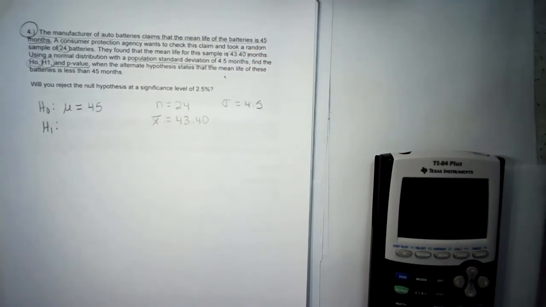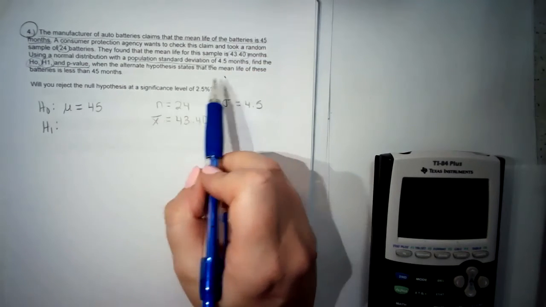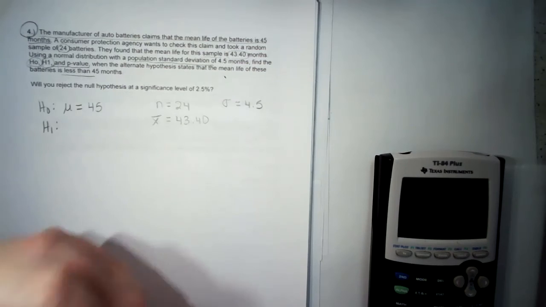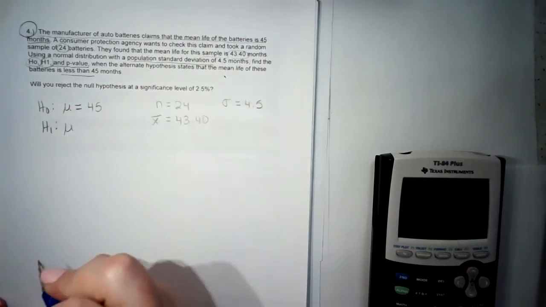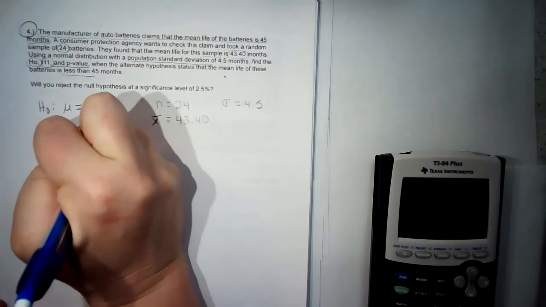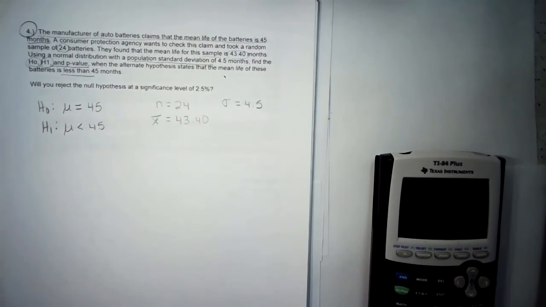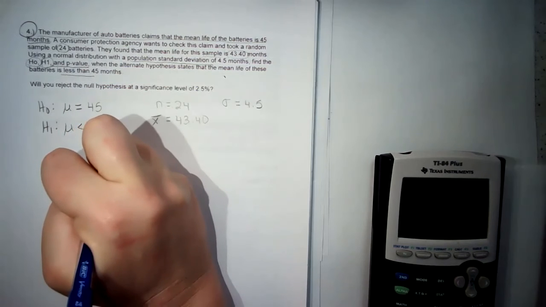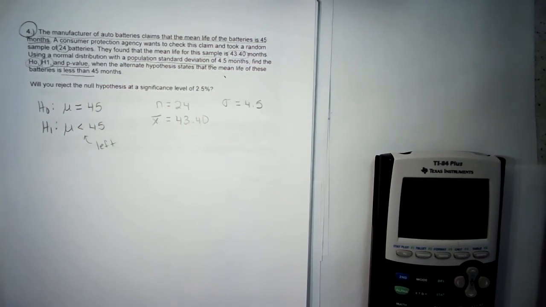When the alternate hypothesis states that, so here's our H1, the mean life of these batteries is less than 45 months. So what kind of test is that going to be? Left-tailed. Less than is left-tailed, greater than is right-tailed.